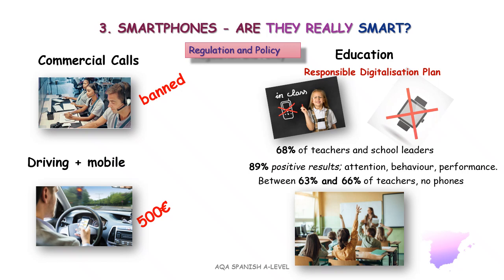Between 63% and 66% of teachers haven't used phones in any classroom activity this school year. And let's not forget, Castilla-La Mancha was the pioneer. Back in 2014, the regional government was the first in Spain to ban mobile phones and communication devices in schools. Well done, Manchegos!